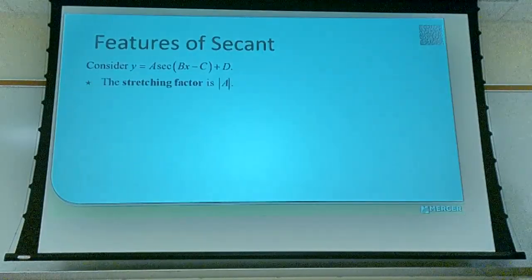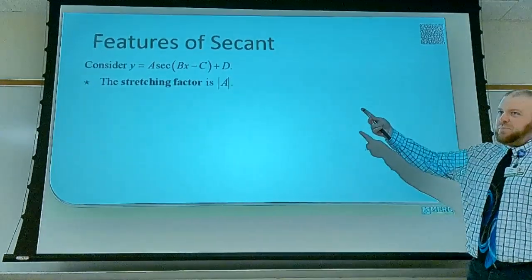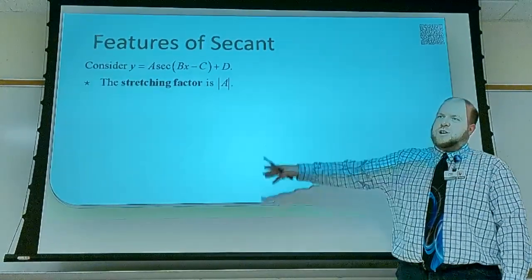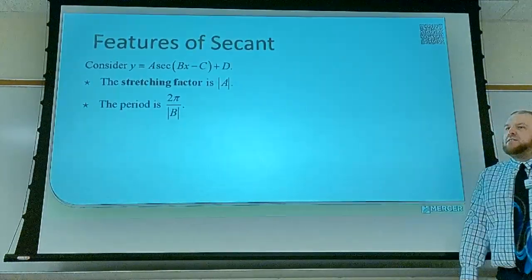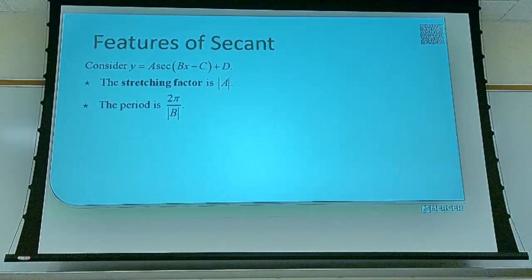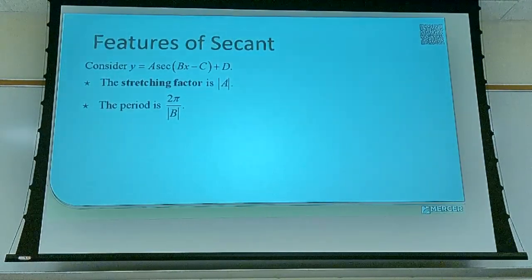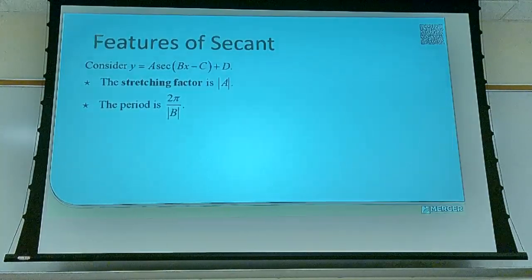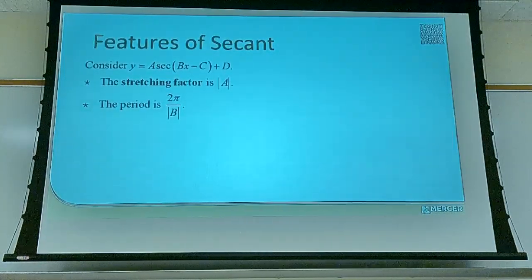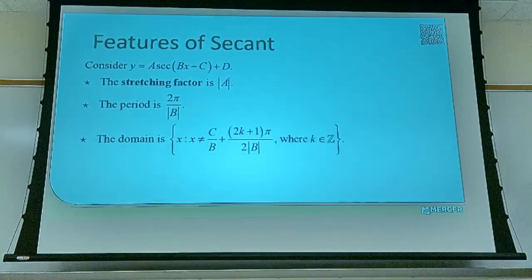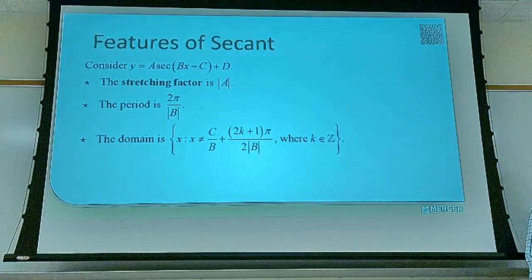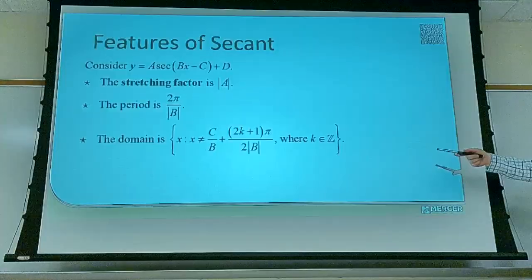Starting with secant, once again, it's not going to have an amplitude. We just call it the stretching factor, absolute value of A. Period, 2 pi over the absolute value of B, the exact same as cosine. It is going to have a restricted domain. All real numbers except those where cosine is 0, which is, by the way, the exact same as tangent.